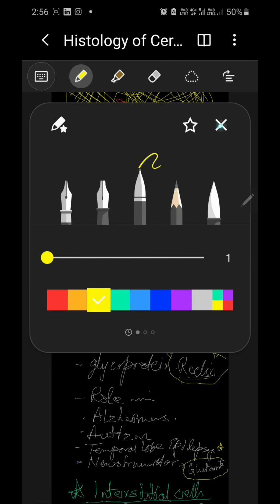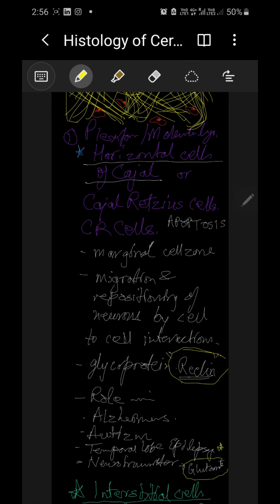Yes, the important thing is that the purpose of these cells was to migrate the neurons to their destination during the embryological period by cell-to-cell interaction with the reelin. But after they have done their job, in postnatal life, like in the early months of infancy after birth, gradually these horizontal cells of Cajal start dying out, right?